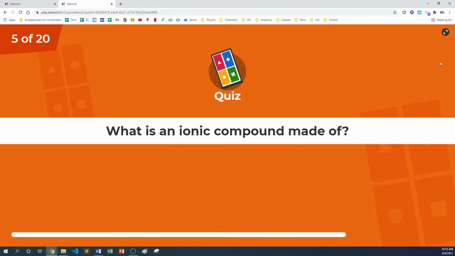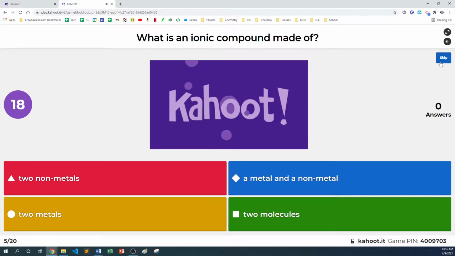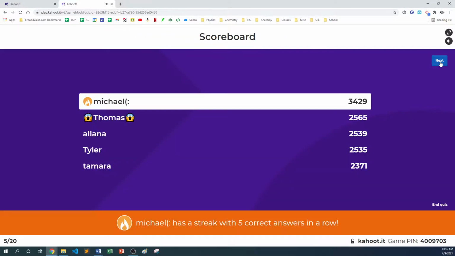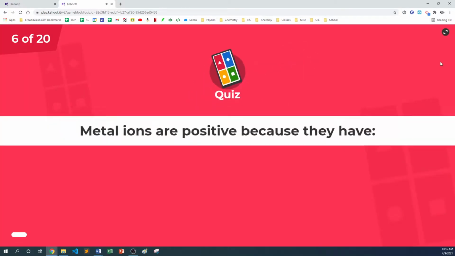What is an ionic compound made of? A metal and a non-metal.